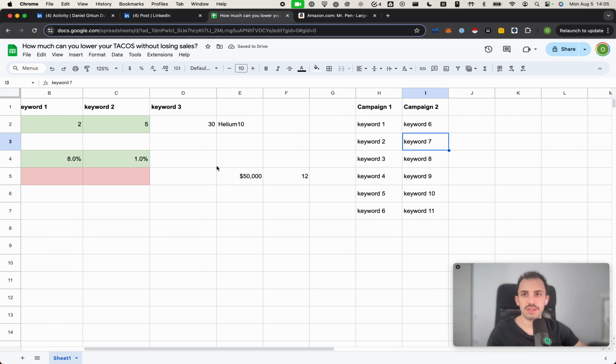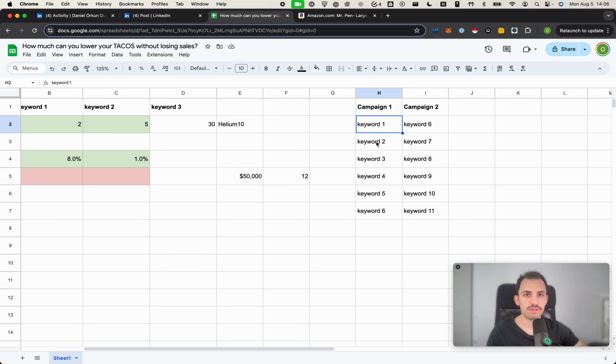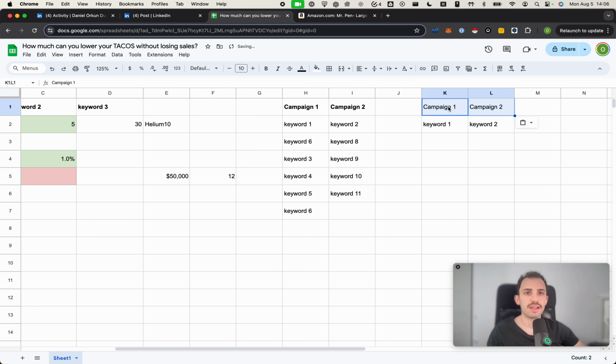What I want to do is, let's say I realize that I am ranking well on those keywords, my market share is good on those keywords, and I want to take those keywords. Let's say keyword 2 is here, just to make it a little bit interesting. I want to take keyword 1 and keyword 2 and create new campaigns, campaign 3 and campaign 4, and I want these campaigns to be single keyword campaigns.